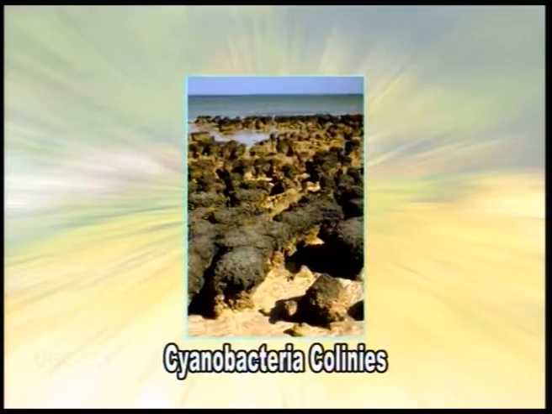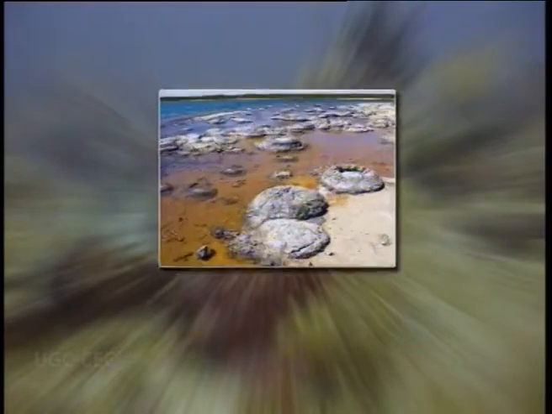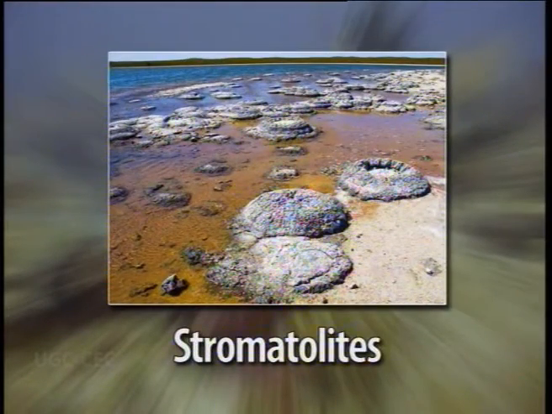Throughout time they have adapted to the changing Earth conditions, and in turn they have helped Earth's atmosphere to evolve in a different way. Fossil cyanobacteria have been found in rocks almost 3.5 billion years old, and they are commonly called stromatolites, and we sometimes refer to them as stromatolite colonies in rocks.